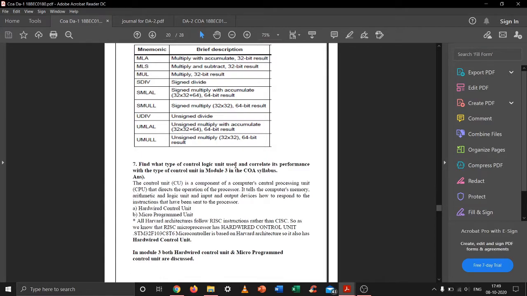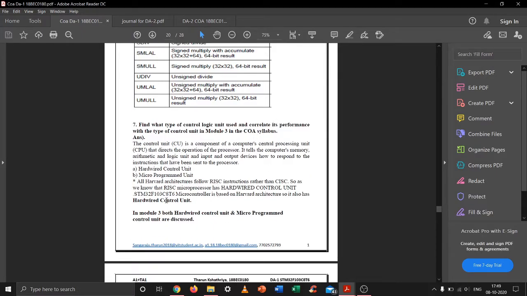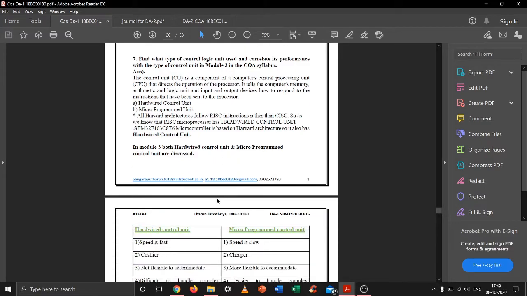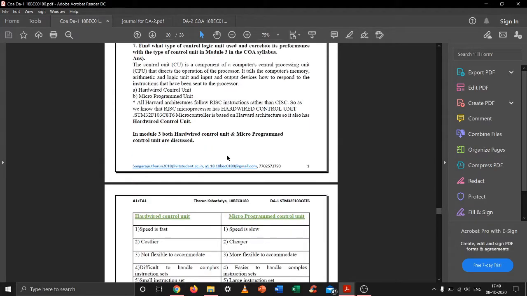Find what type of control logic unit is used and correlate its performance with the type of control unit in module 3, the COA syllabus. Here also we need to compare both what I wrote and what I learned from the COA syllabus. It is a hardwired control unit. There are two types of control unit: hardwired control unit and microprogrammed control unit.